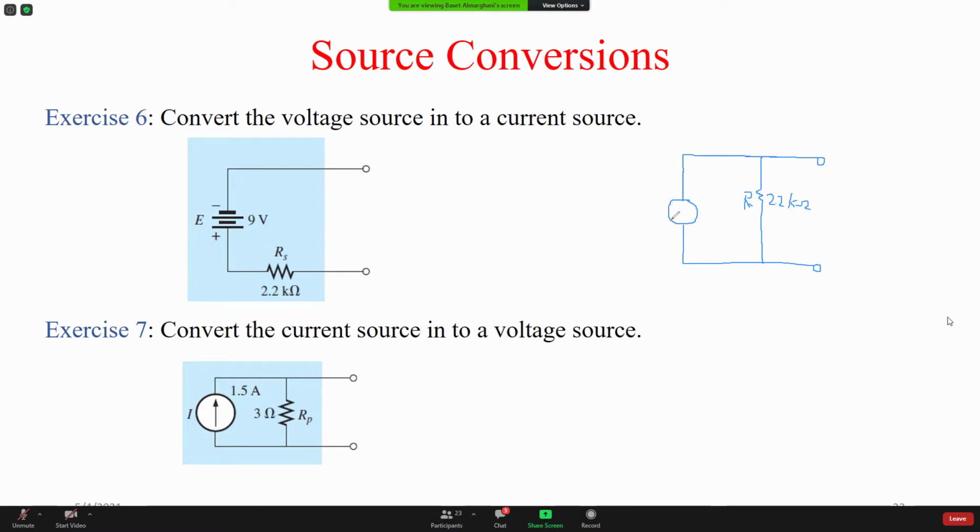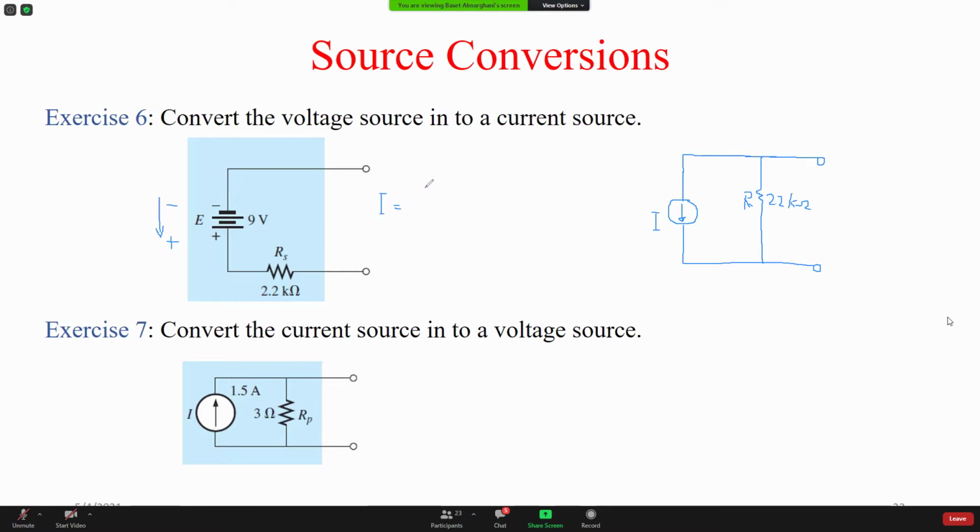Now what is this? It is a current source, but what is the direction of the current? Up or down, decided by the polarity of the battery here. So we look, the battery polarity is like this. This gives a current down. This gives a current in this direction. So this arrow will be going down. Then the last thing, we want to find the value of this current source. So how to do that? We're going to use Ohm's law.